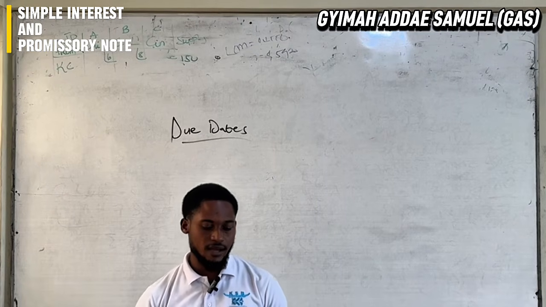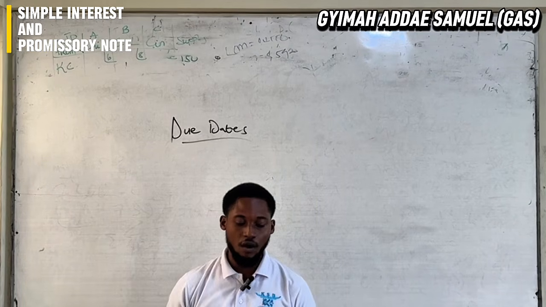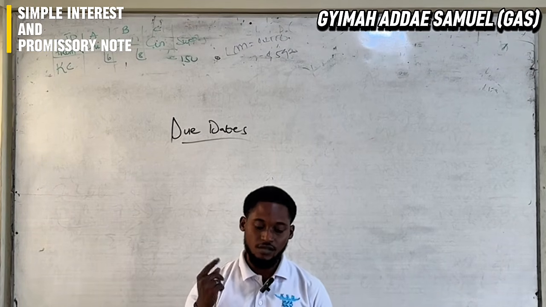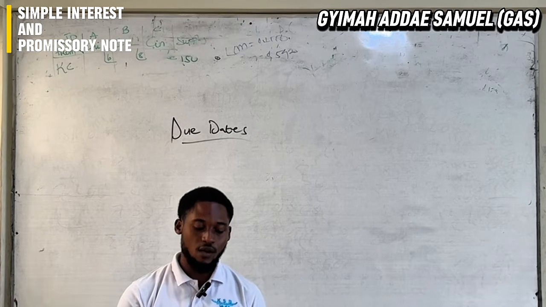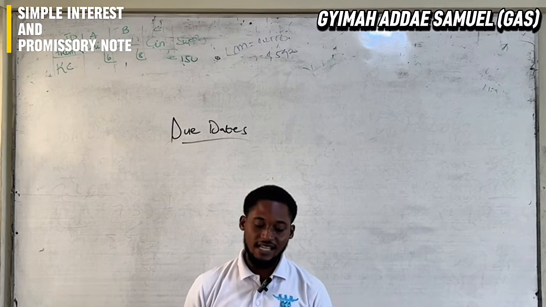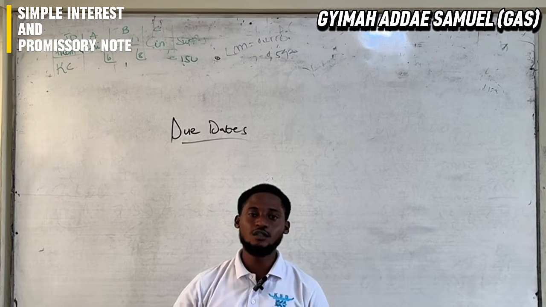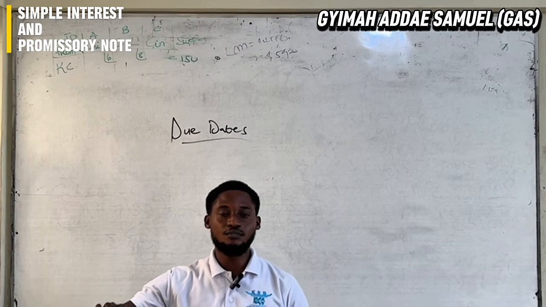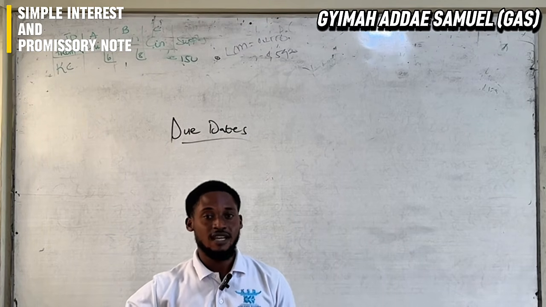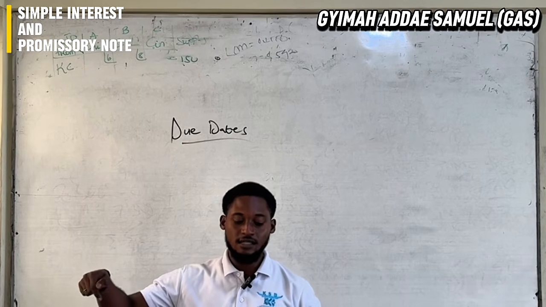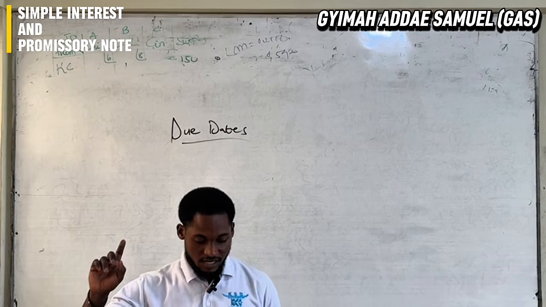If the maturity month does not have the required number of days, then the last day of the month serves as the maturity date. So if I don't give you an exact date in April, the last day in that month should be your due date.